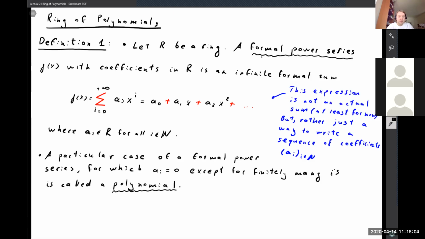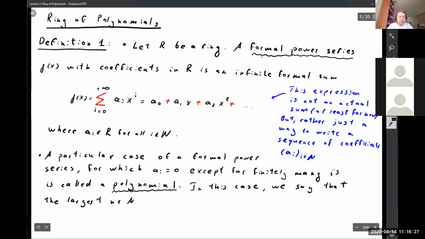Okay, so in this case, when only finitely many of the a_i's are non-zero, we say that the largest n for which a sub n is non-zero is called the degree of the polynomial.